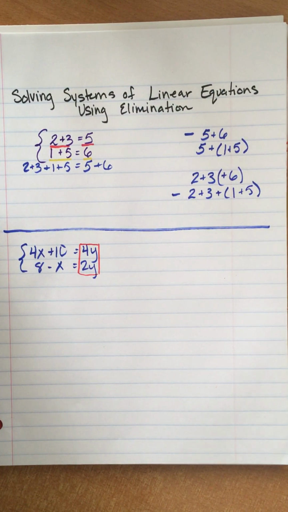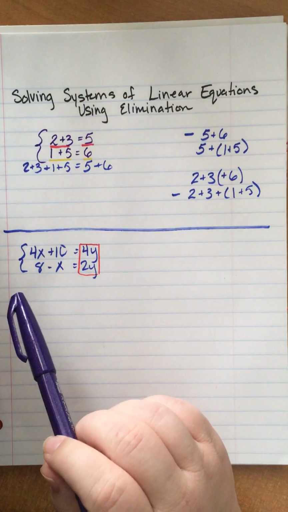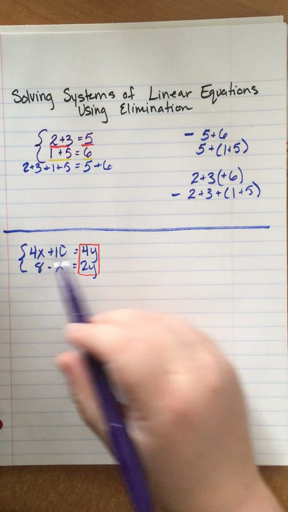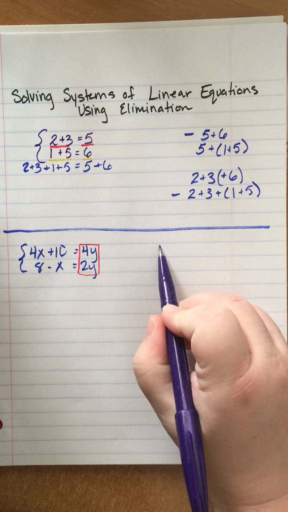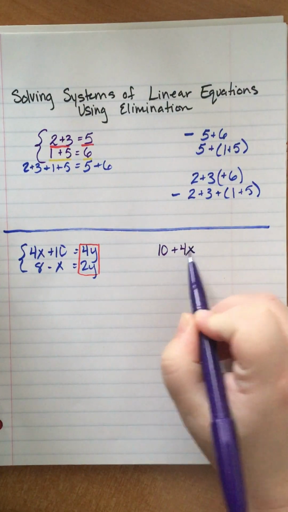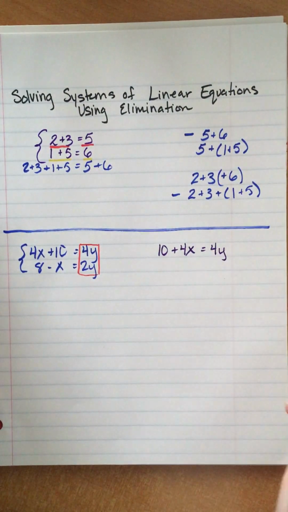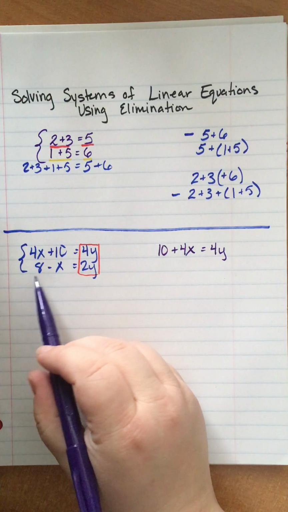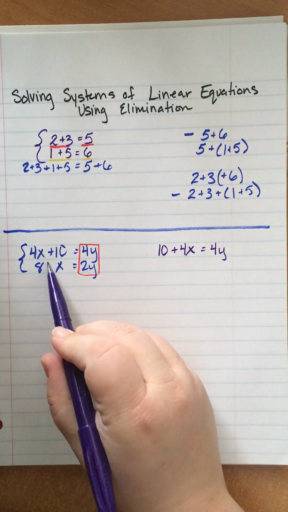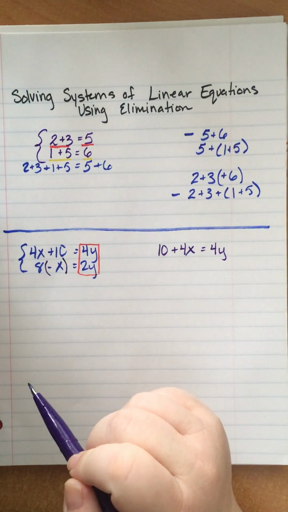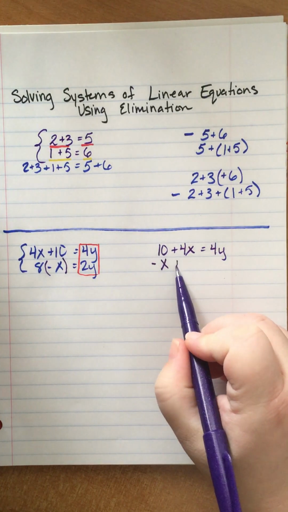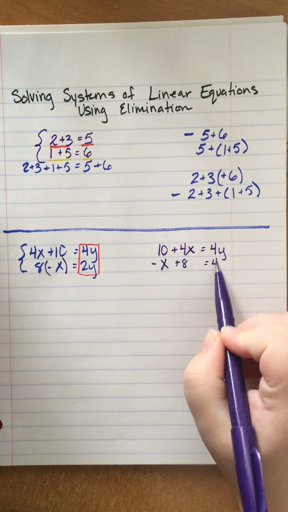So you could choose to rewrite either of these. You're going to use your commutative property to rearrange these. So I could say that this one here, it's a positive 10, and that's a positive 4. 10 plus 4x equals 4y. I could rearrange that. Or I could rearrange this one here. That minus sign, we would match it with the variable it's next to, so that's actually a negative x, and then that's positive 8 equals 2y.